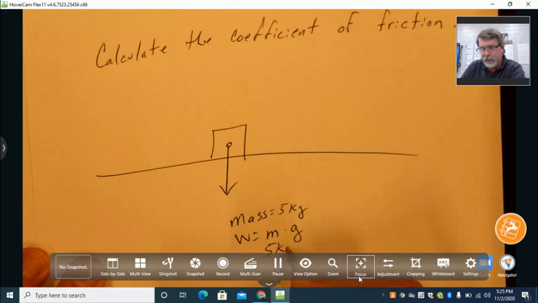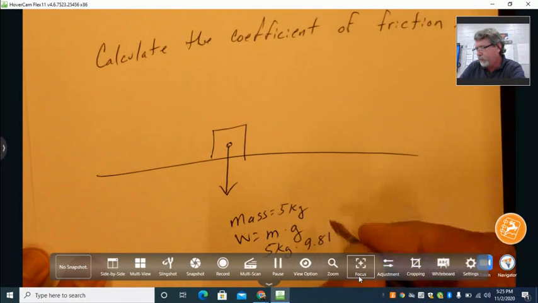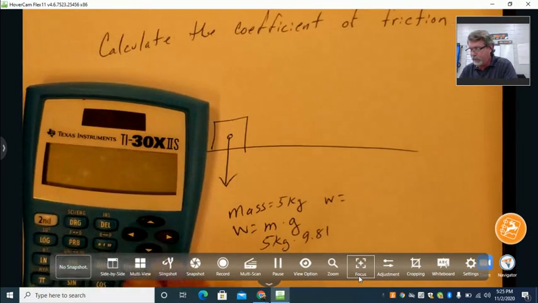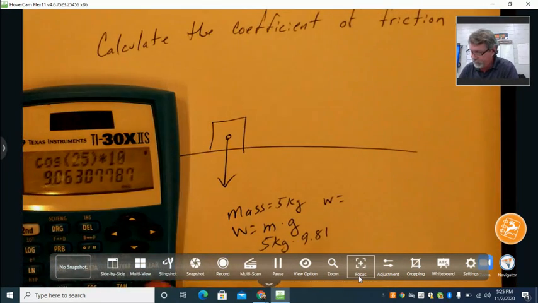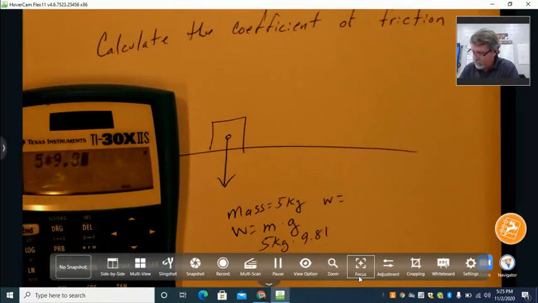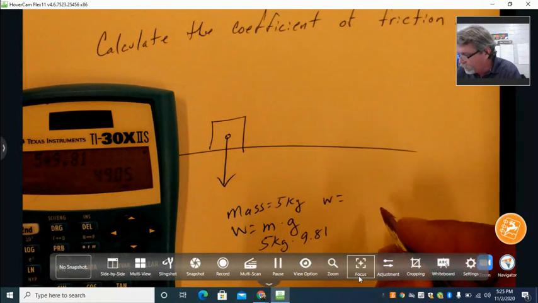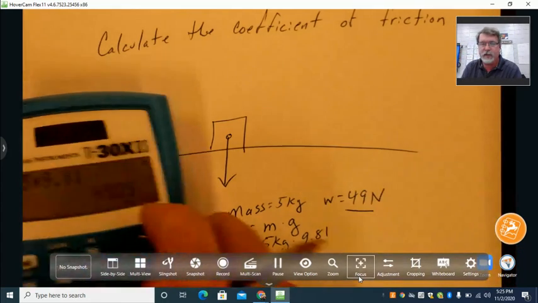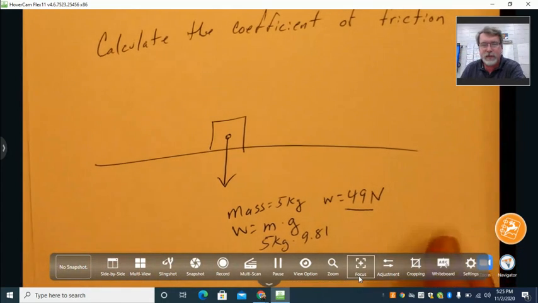So 5 kilograms times 9.81. The weight of this box is going to be 5 times 9.81, and I get 49.05. So we'll just go with 49 newtons for ease of numbers here. We don't get too hung up on the decimals for this case.